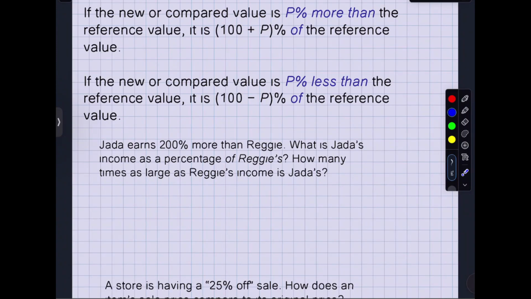Right? So, for example, if I go out and buy sneakers that's $100, it's 25% off. How much am I paying? 75. Where do you get 75 from? Now, most of you guys would say, okay, 100 times 25% is $25. Then I'm going to take 100 and subtract the $25 to get $75.